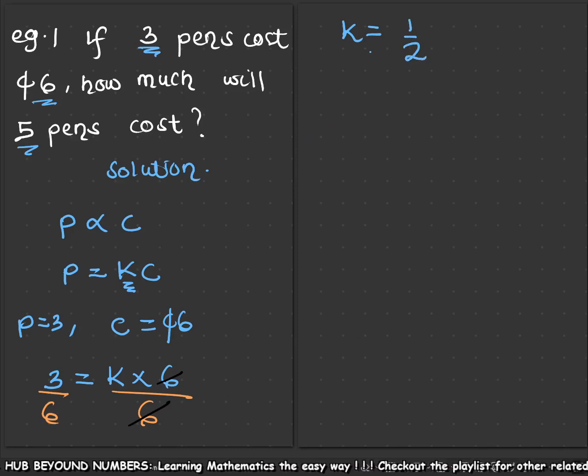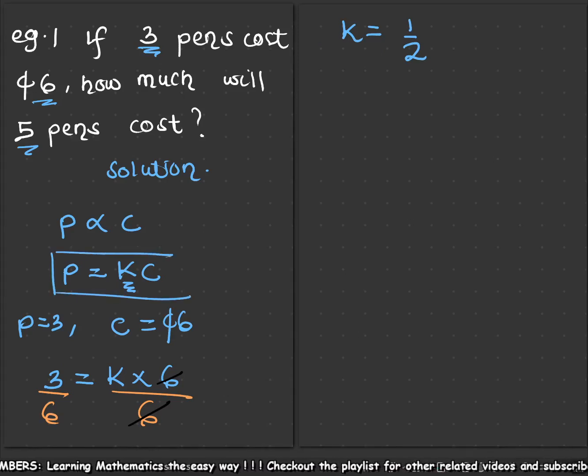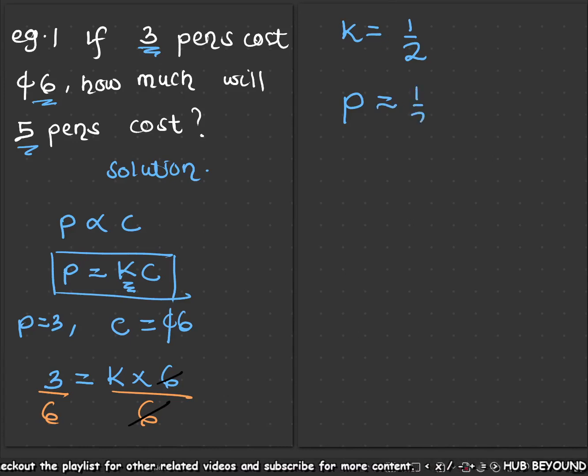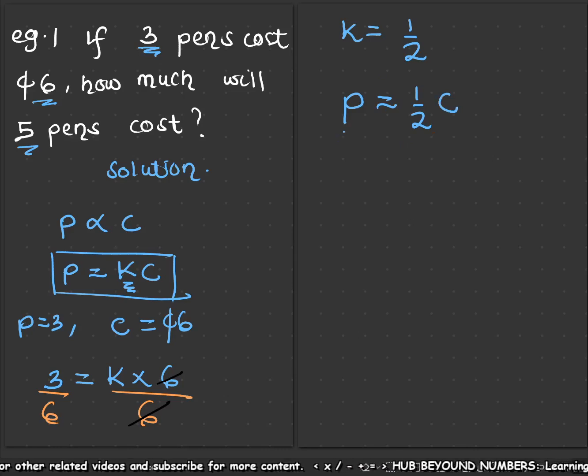This allows us to rewrite what we have over here. So it simply means that P is equal to K times C, and our K is 1 over 2, so P equals 1 over 2 C. This becomes a general formula we can use to get the price of any number of pens.